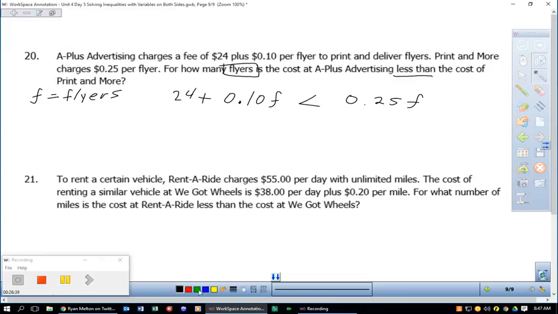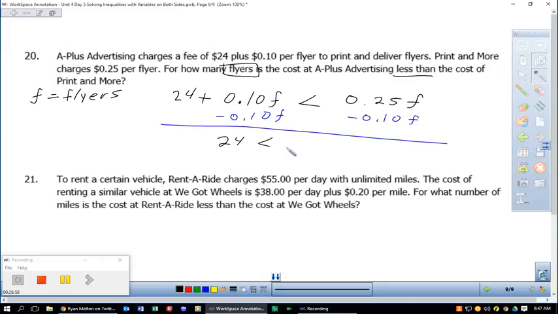Now, this might be a good time to subtract the 0.10 F. So that gives us 24 is less than 0.15 F. And then next we're going to have to divide by 0.15.